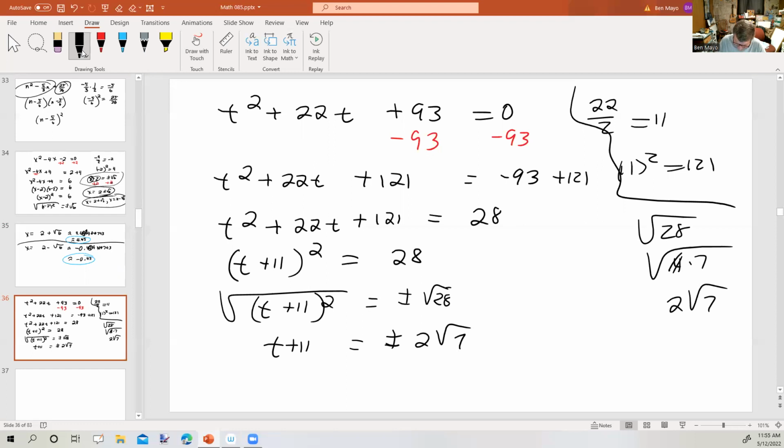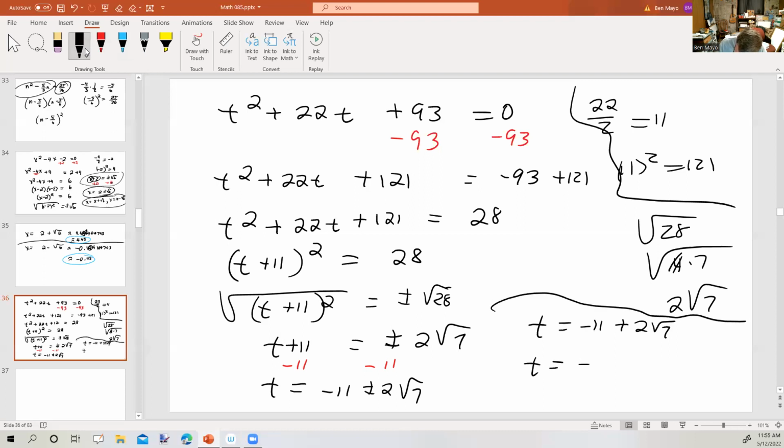But I'm not done because I still have t plus 11. So I'm going to subtract 11 from both sides, and I get t equals negative 11 plus or minus 2 square roots of 7. So t equals negative 11 plus 2 square roots of 7. t equals negative 11 minus 2 square roots of 7. So those are the two exact answers.